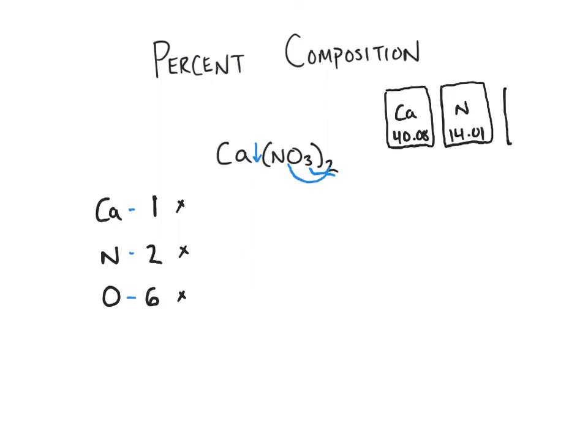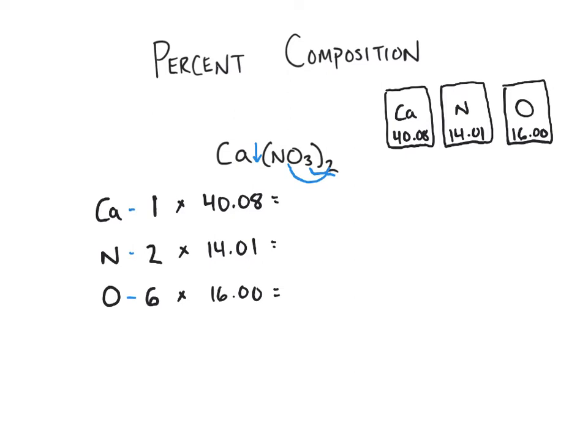And for oxygen, if you look at the periodic table, it's the one that we use a lot of. All right, it's 16.00. And so we go ahead and write these in. 40.08, 14.01, and 16.00.